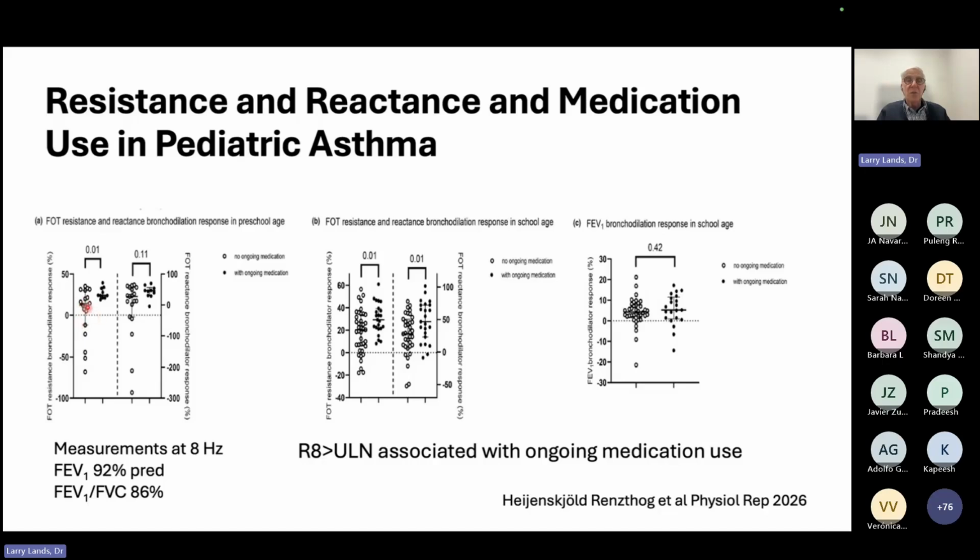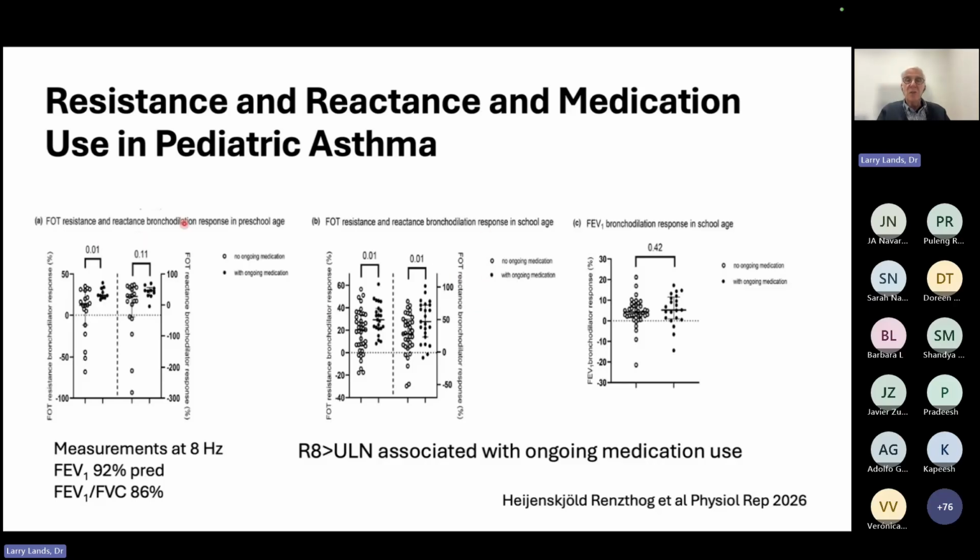Those who did respond to their asthma medication had a smaller bronchodilator response when they came to clinic, versus those with ongoing medication needs, who had a bigger bronchodilator response. You can also see here again, looking at reactance, post-bronchodilator, and resistance was also helpful.